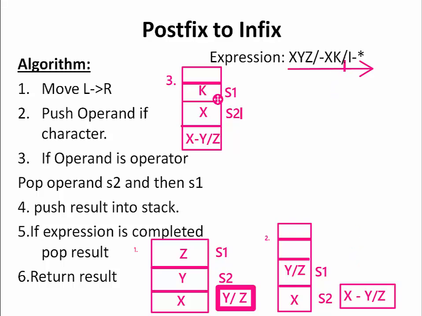The operator divided by is encountered. What are we going to do? We pop S2 first, which is X. Then we pop S1 next, which is K. In infix, the operator is placed between the characters. What is the operator here? Divided by.